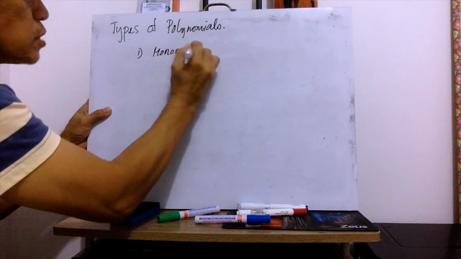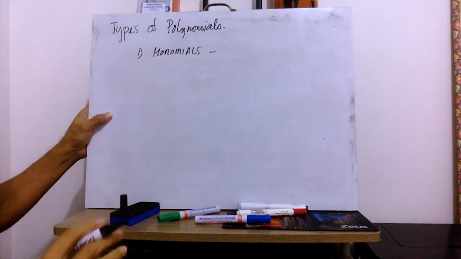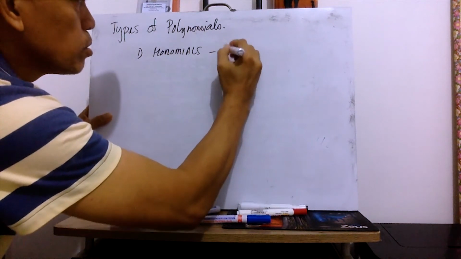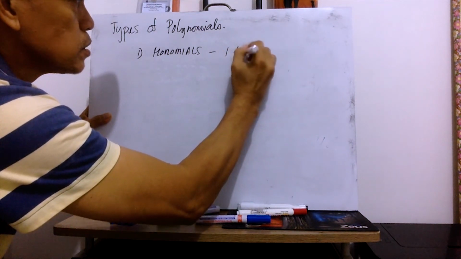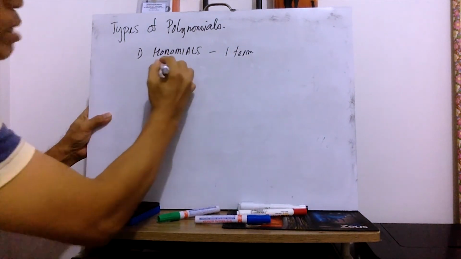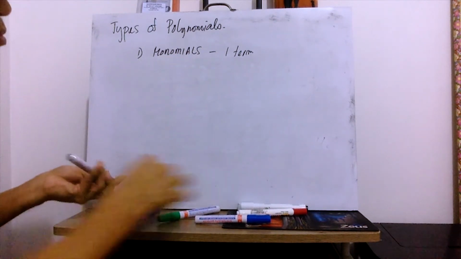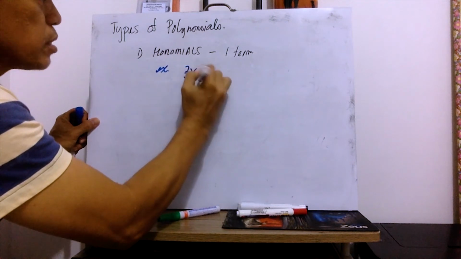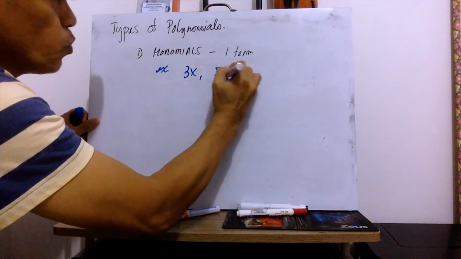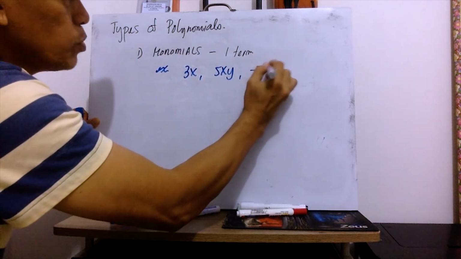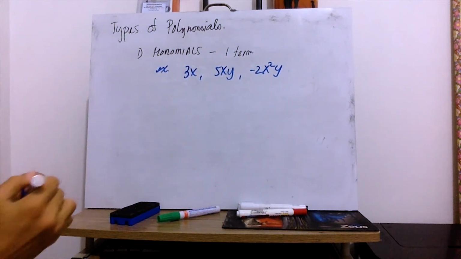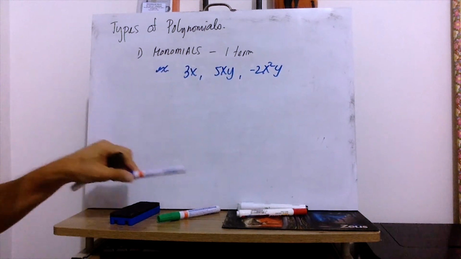monomials. Okay? The term mono means one term. Example: 3x, 5xy, negative 2x squared y. These are examples of monomials. They only involve one term.